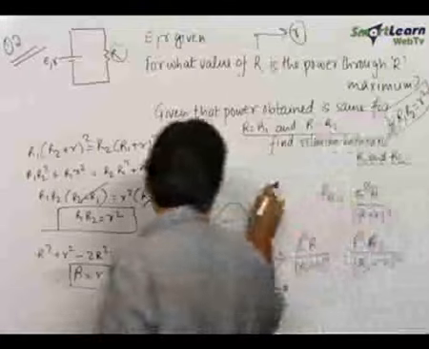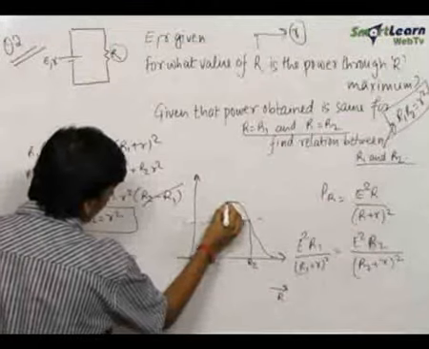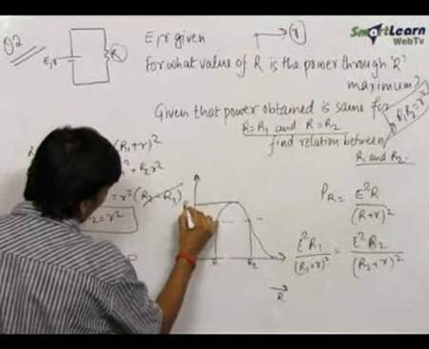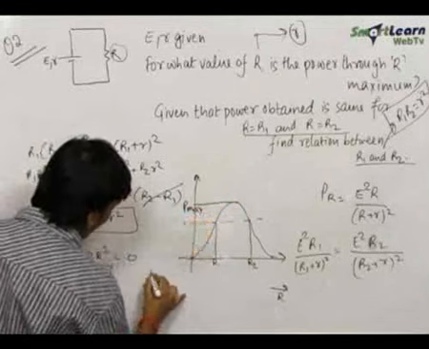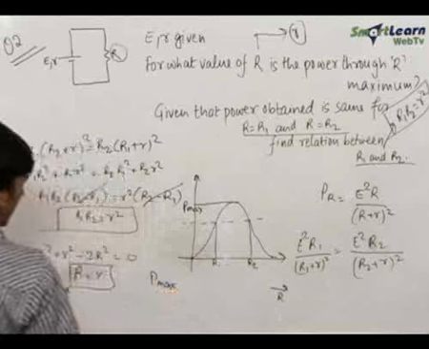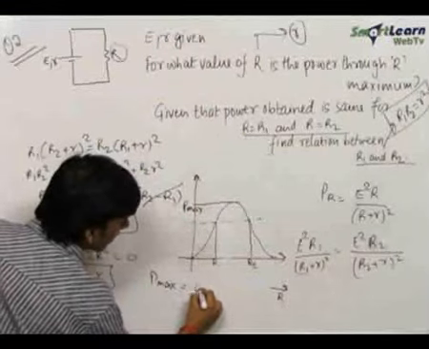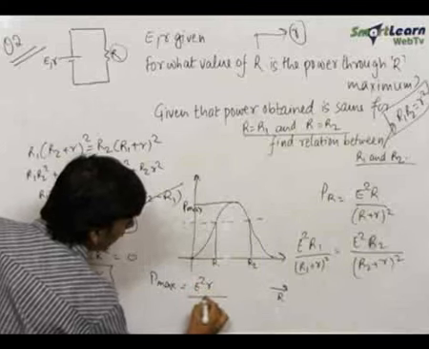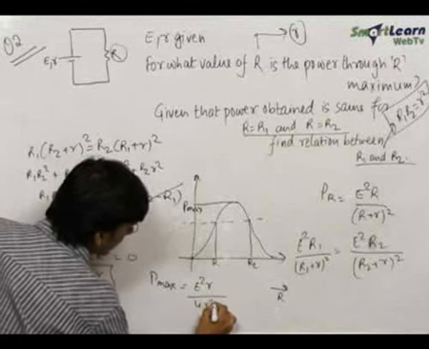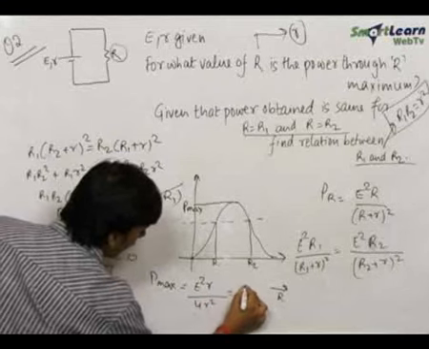Another thing which you should remember is that the value of maximum power, Pmax, comes for capital R is equal to small r, and putting capital R is equal to small r over there, we get E square into r upon 4r square, that is equal to E square upon 4r.